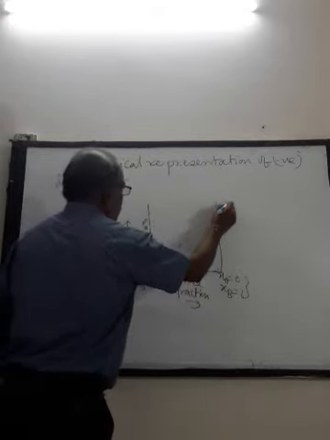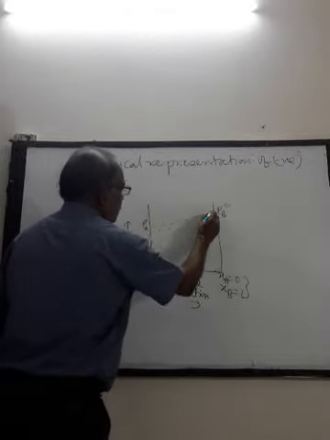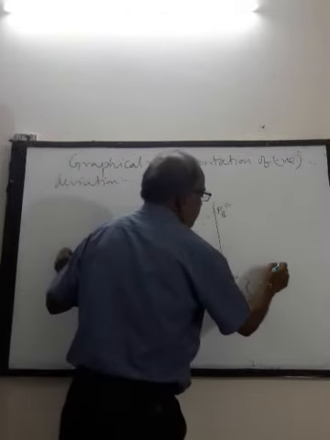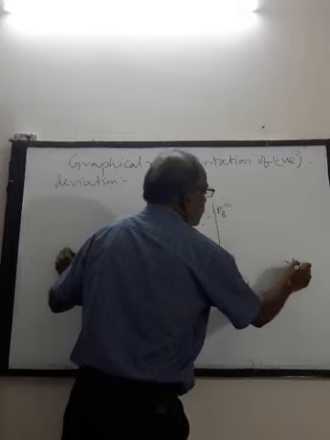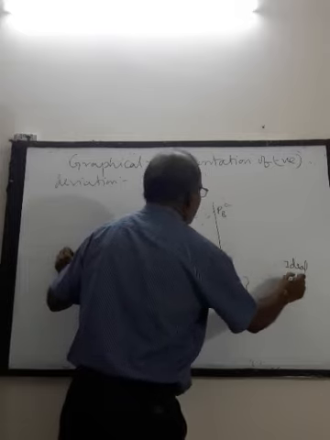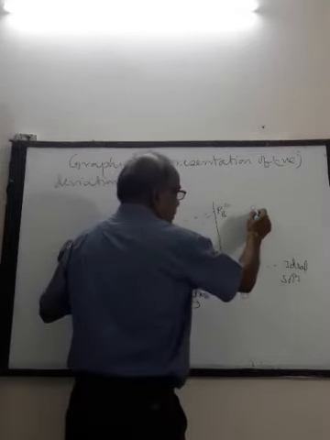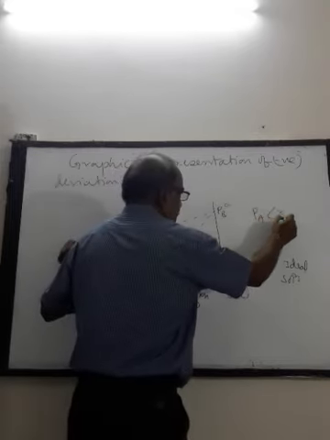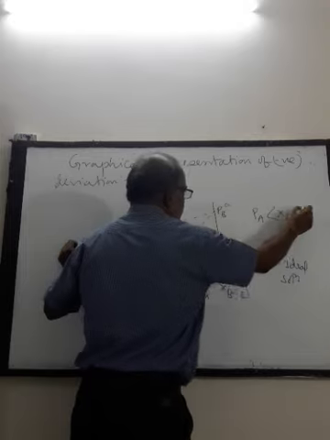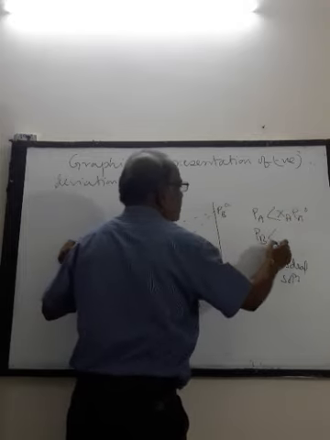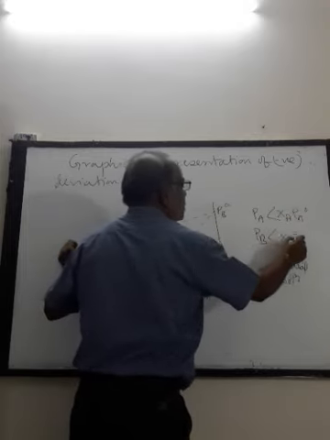This one also for ideal. This one for ideal. So the dotted line represents ideal solution. And since here vapor pressure is less, PA is less than XA PA naught and PB is less than XB PB naught.